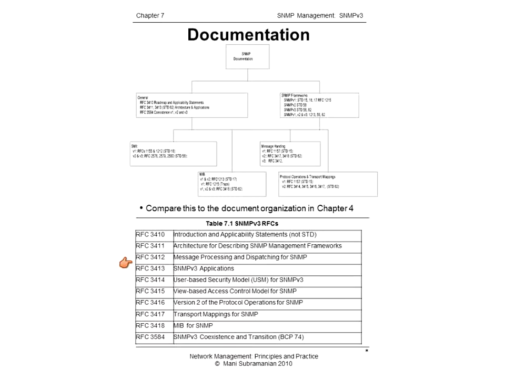Next we have RFC 3412. It describes message processing and dispatching for SNMP messages.